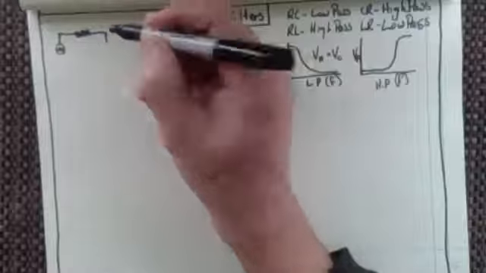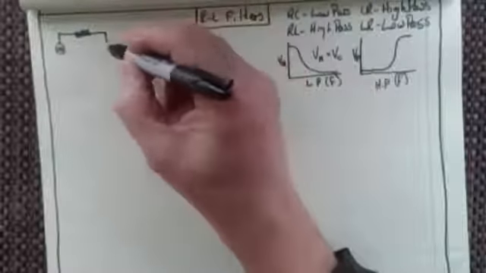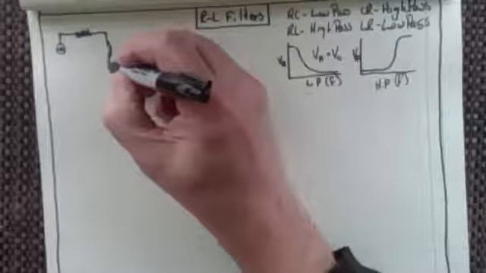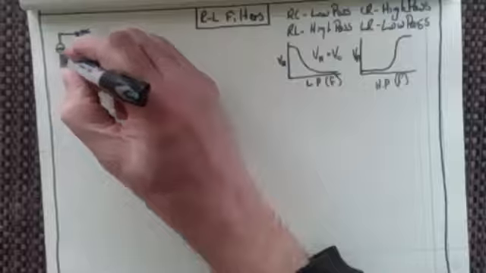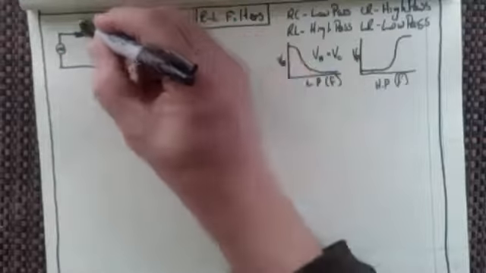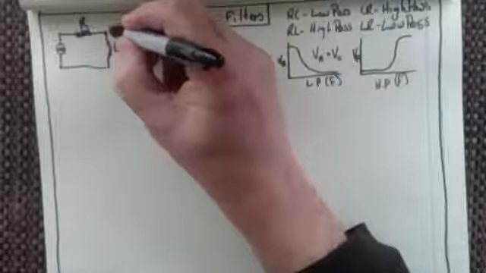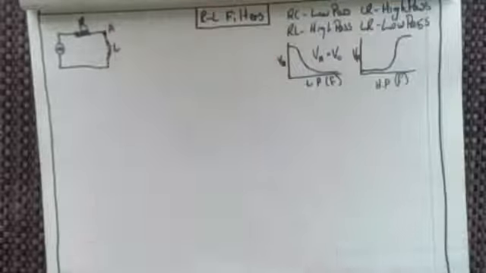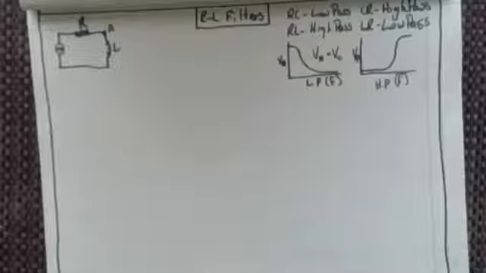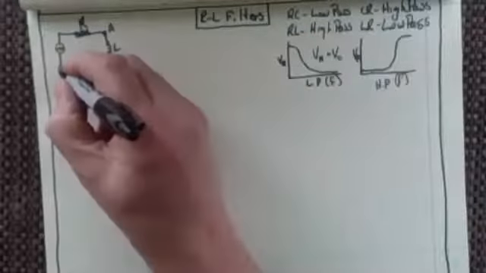We looked at the low pass before with the RC circuit, and I can point out pretty much immediately why an RL circuit at point A would have just about the opposite type of frequency response as an RC circuit.